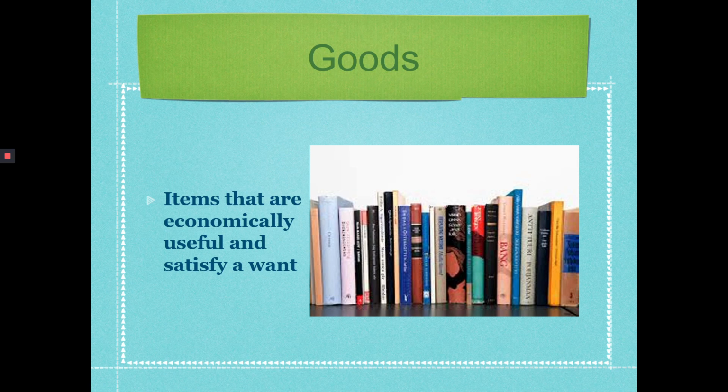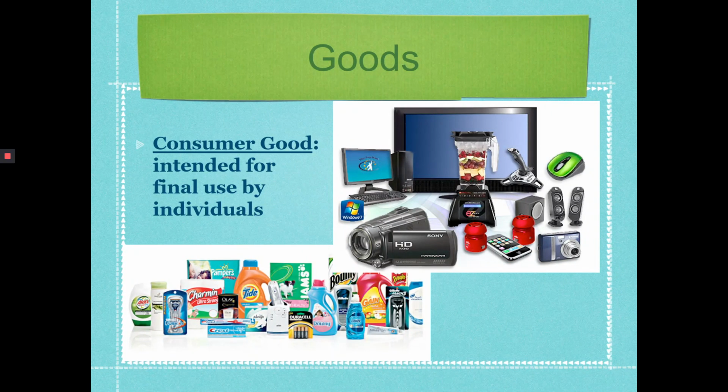Let's look at a service. Oh, excuse me. First, we got to break down consumer goods and capital goods. Okay, my fault. Consumer goods. Consumer goods are what we take home and use, right? We are the consumers. Consumers are people who go to the store and buy a product. So if I go to the store, I purchase something, I take it home, and I use it, that is a consumer good.